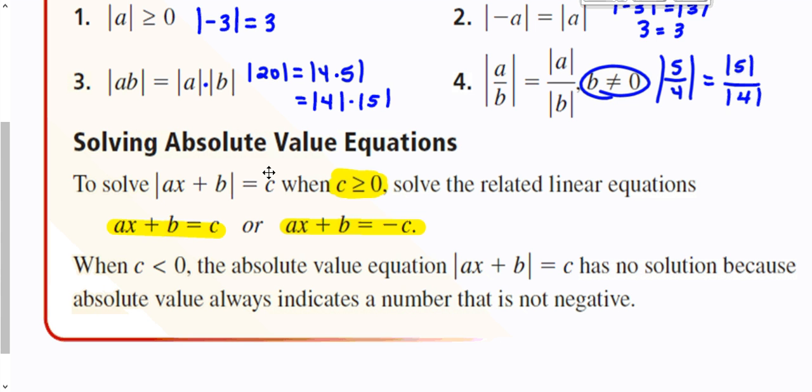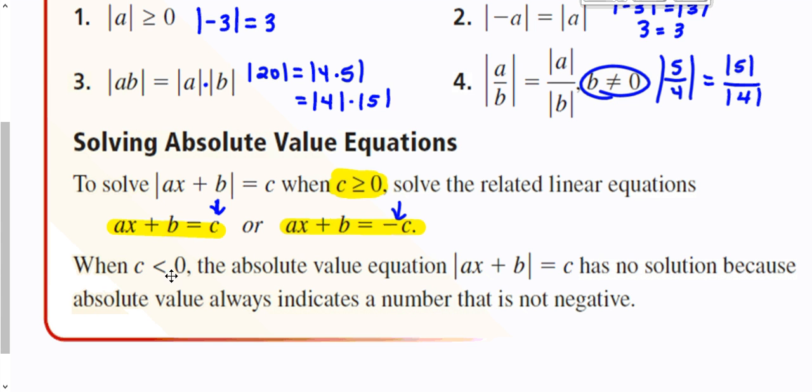So where this c is positive here, we're going to write a positive version and we're going to write the negative version. So every single time we solve an absolute value equation, if c, the end number, is greater than or equal to 0, so it's got to be positive or 0, then we're going to split it up and write two separate linear equations to solve.